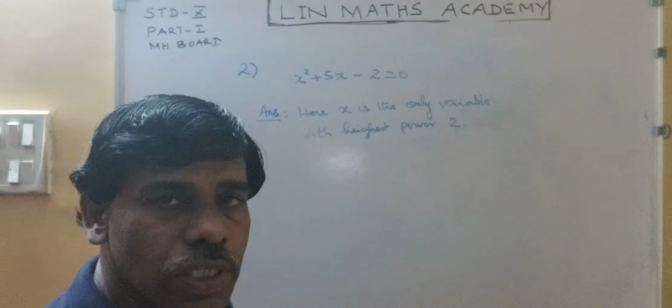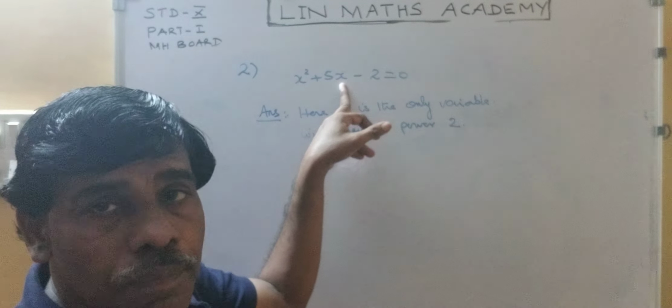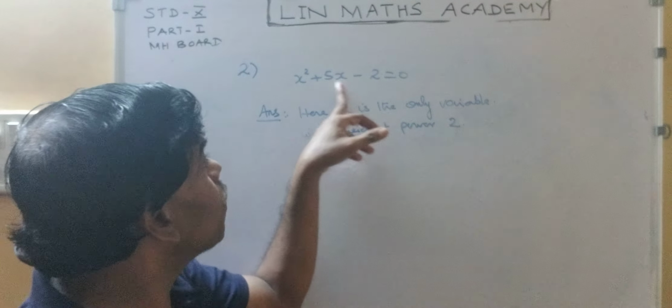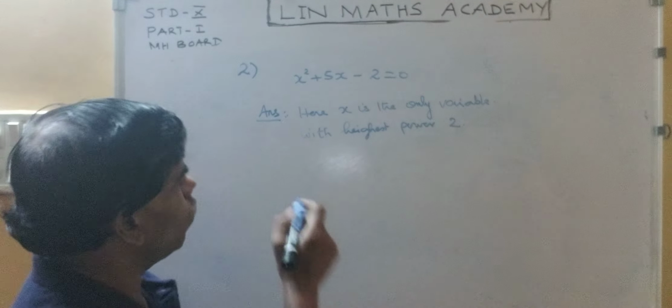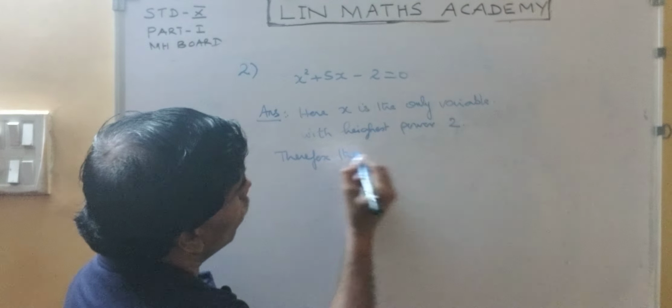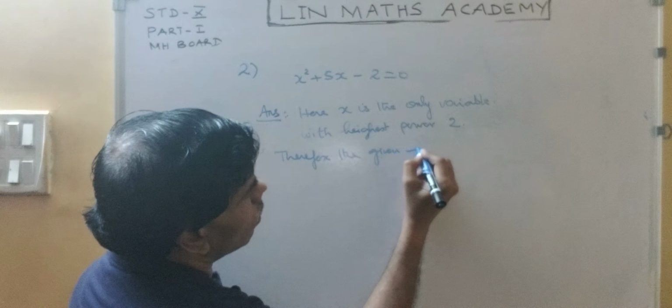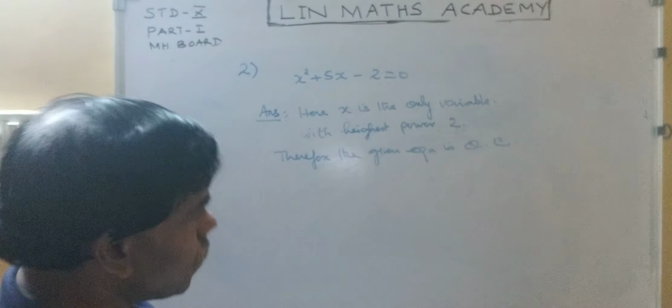See, what is the definition of the quadratic equation? There should be only one variable and whose power should be maximum 2. Yes, therefore, the given equation is a quadratic equation.